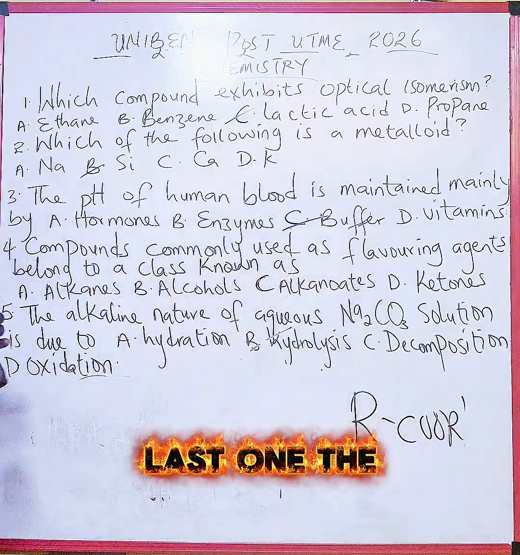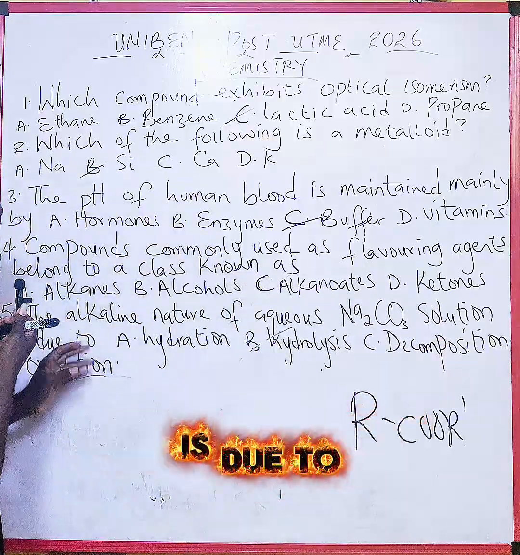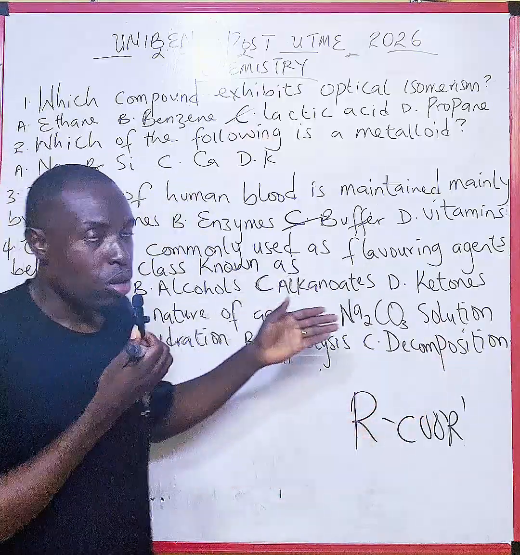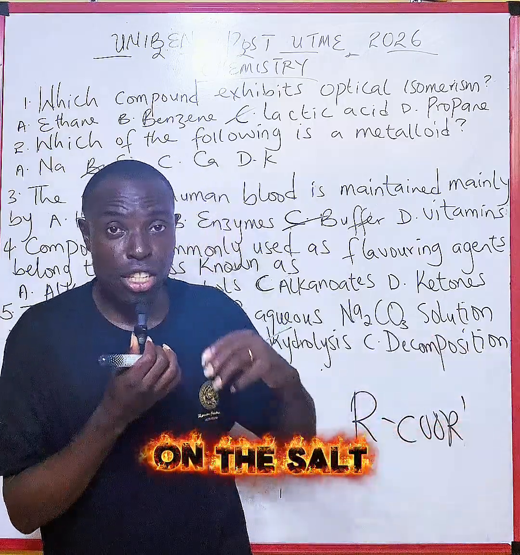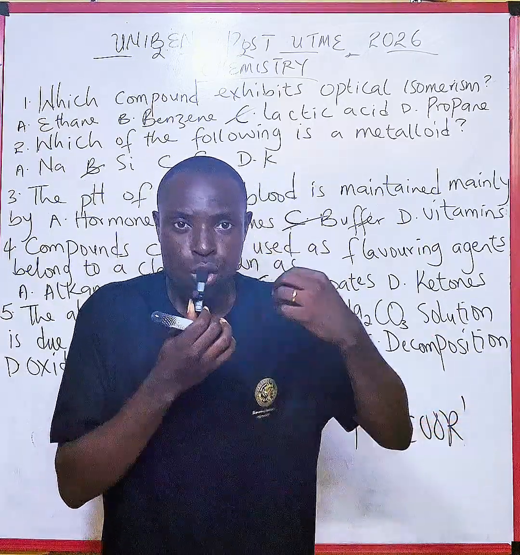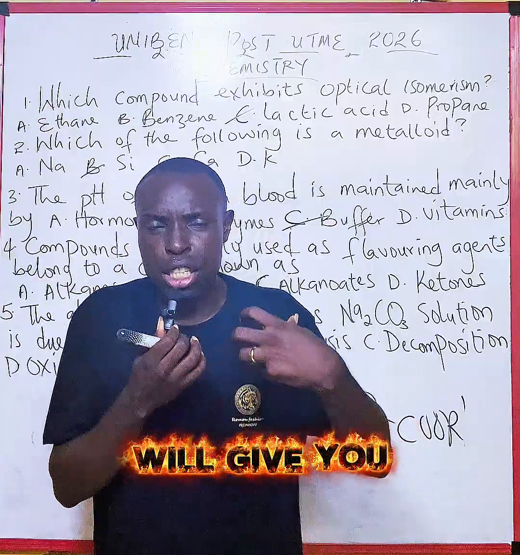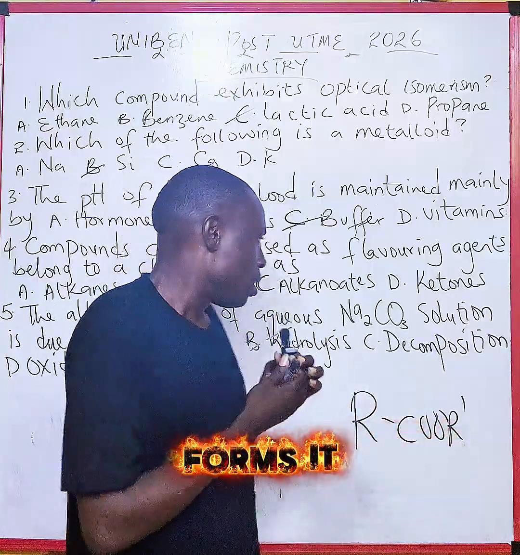Last one: the alkaline nature of aqueous sodium carbonate solution is due to what? We should understand that under salt hydrolysis, when a salt is hydrolyzed, it gives you the components that form it.